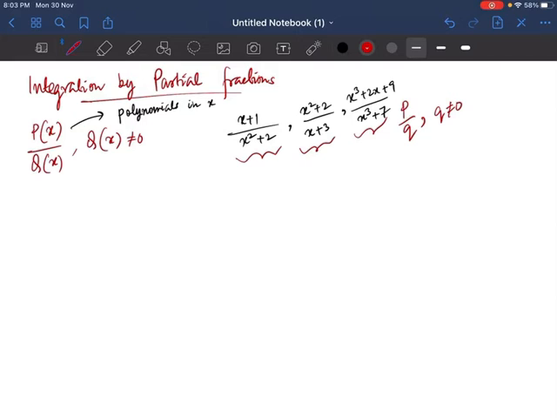What is the basic thing about these 3? You see the first one: the degree of the numerator is less than the degree of the denominator. In the second one, the degree of the numerator is greater than the degree of the denominator, and in the last one the degree of the numerator is equal to the degree of the denominator.